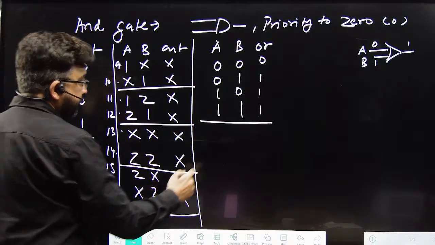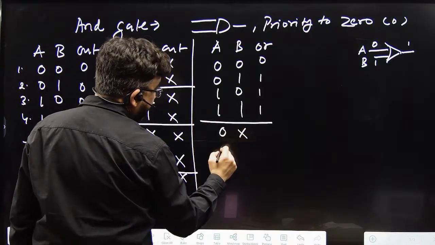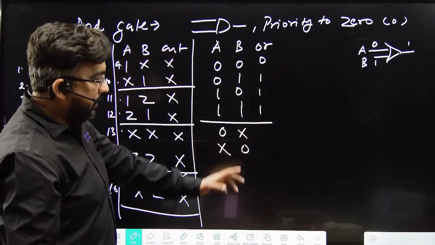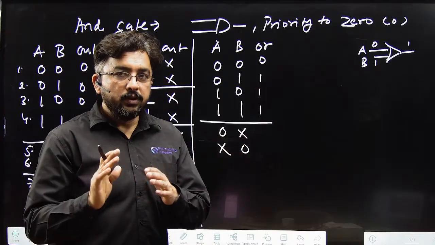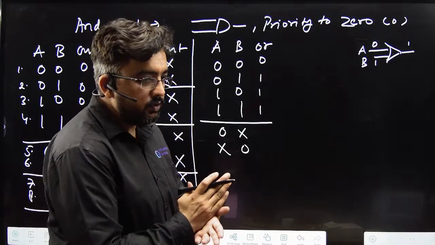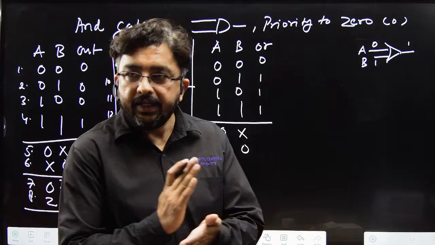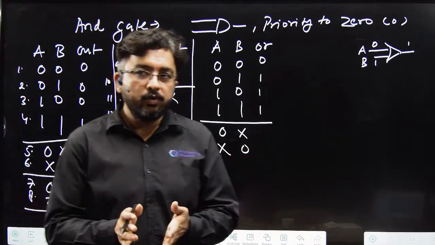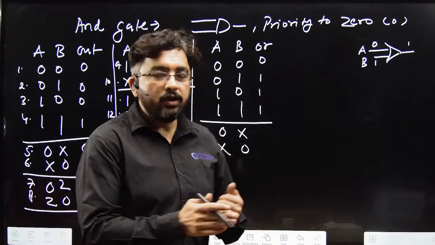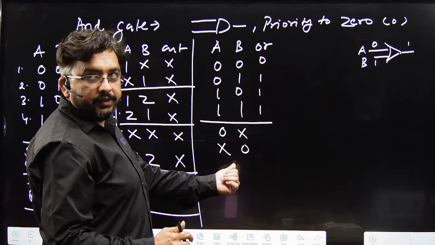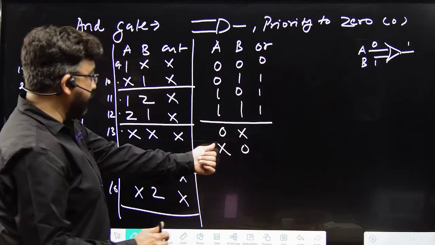Now 0X and X0. Now this is the OR gate output. As we know, the priority is now shifted to 1. So in that case, what will be my output? I'm not getting 1 here, I'm getting 0, so don't compare this with the earlier case.